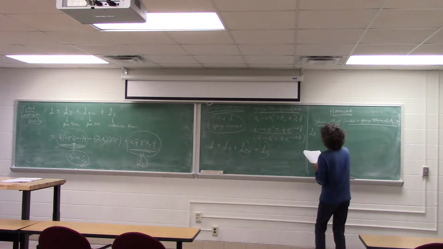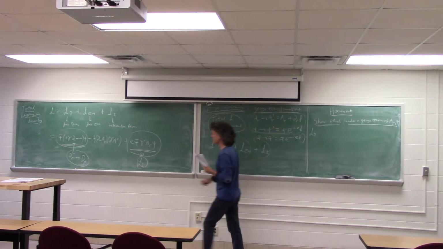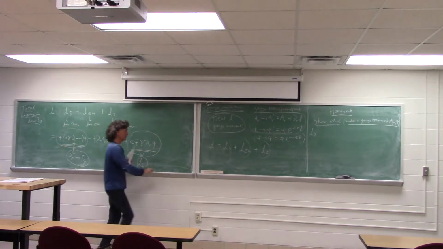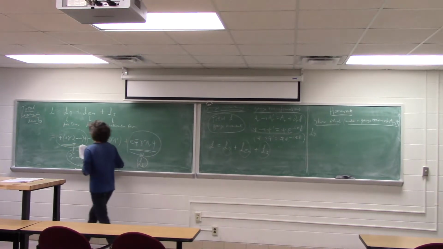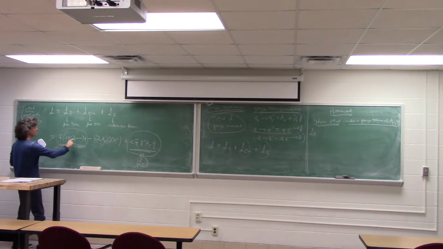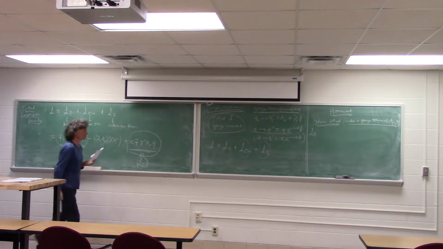Let's look at the Lagrangian density for the Dirac field, and see what happens to it if I transform psi by that gauge transformation.